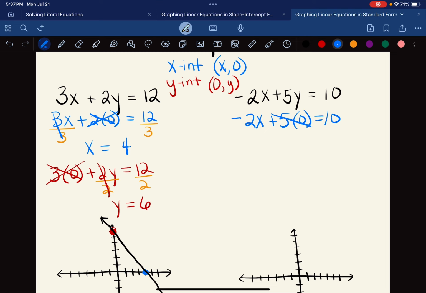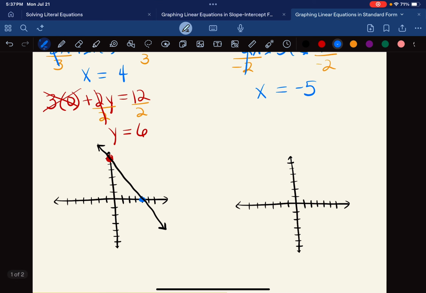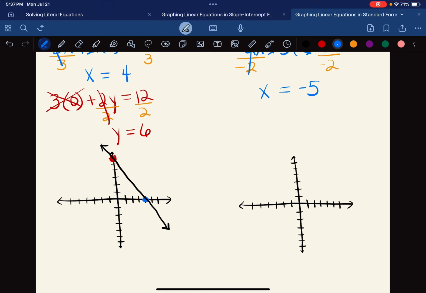Well, 5 times 0 is just 0, so we end up with negative 2x equals 10. And we'll divide both sides by negative 2, and that gives us x equals negative 5. So on our x-axis, I'll go to negative 1, 2, 3, 4, 5, and plot a point.